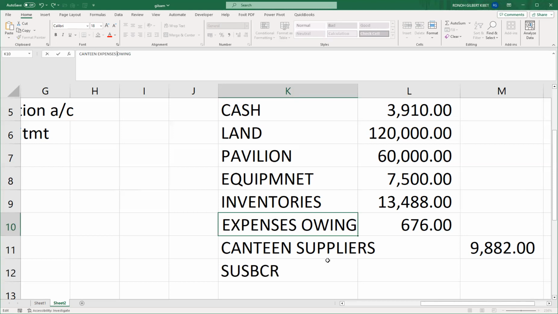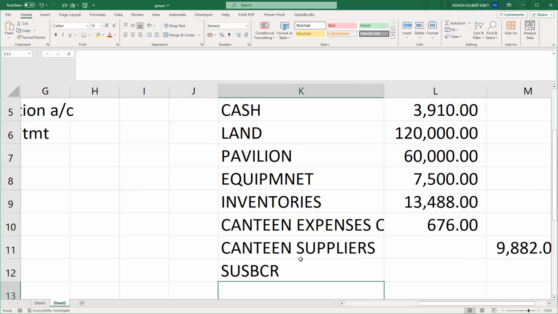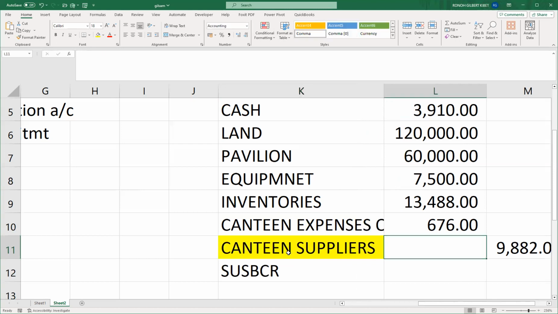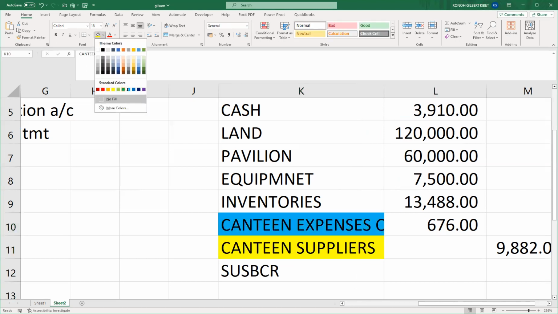The suppliers are payable, these are not expenses. The other one is expenses. So you have to get the difference.